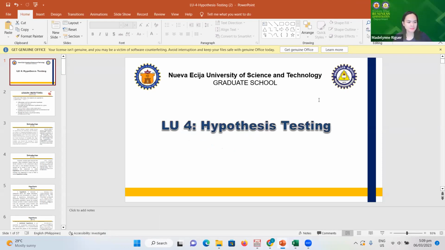Yes, po. Okay. So, our lesson for today, nasa Learning Unit 4 na tayo, is hypothesis testing. So, isa ito sa mga pinaka-importanting topic when it comes to statistical methods, how to test hypothesis. So, usually, ginagamit yung hypothesis testing if we need to use an inferential statistics, and this is reflected in the statement of the problem.